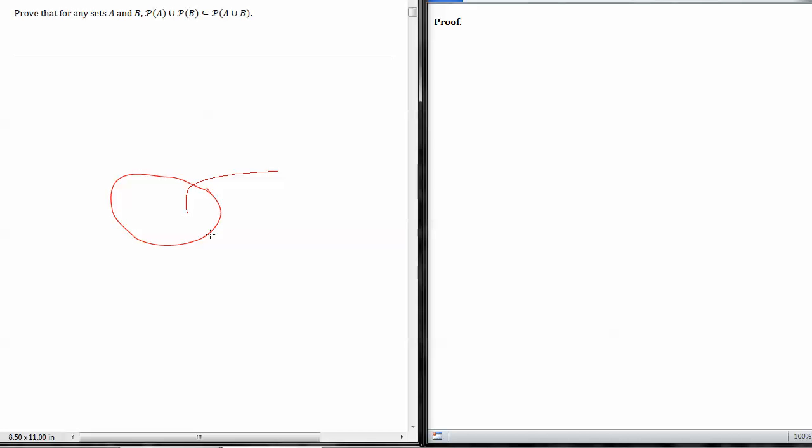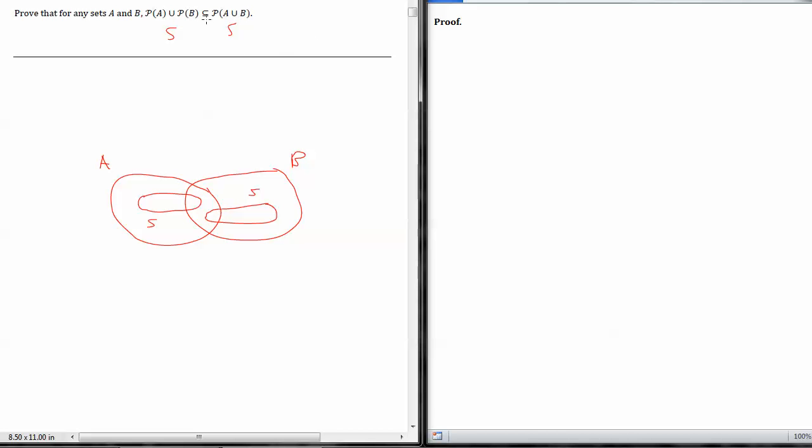So we have a couple sets A and B. And if we think about an element, let's say S, of the left-hand side here, if it's in the union of these two sets, then either it's in the power set of A or the power set of B, which means that either S is a subset of A, so something like this, or it's a subset of B, maybe something like this. And in either case, S is certainly a subset of A union B, and therefore it's an element of the power set of A union B.